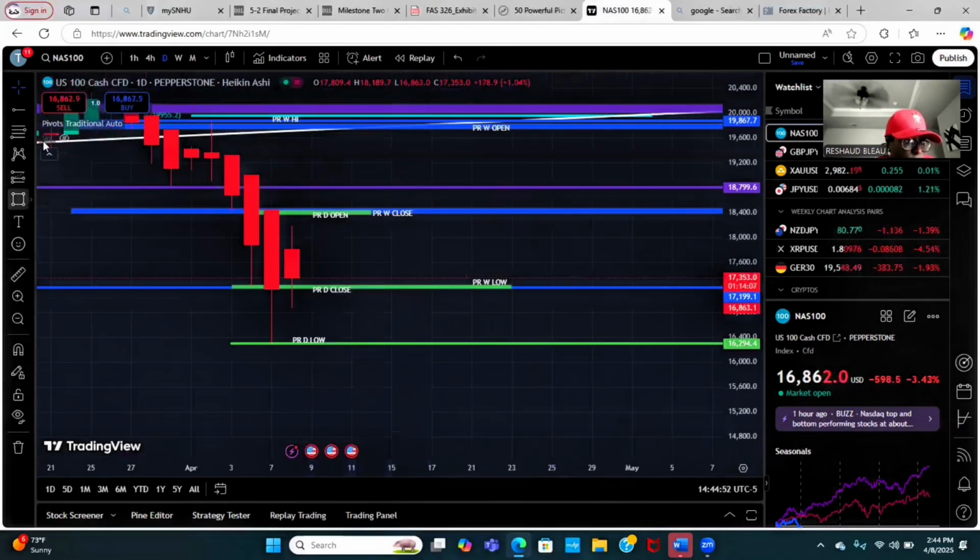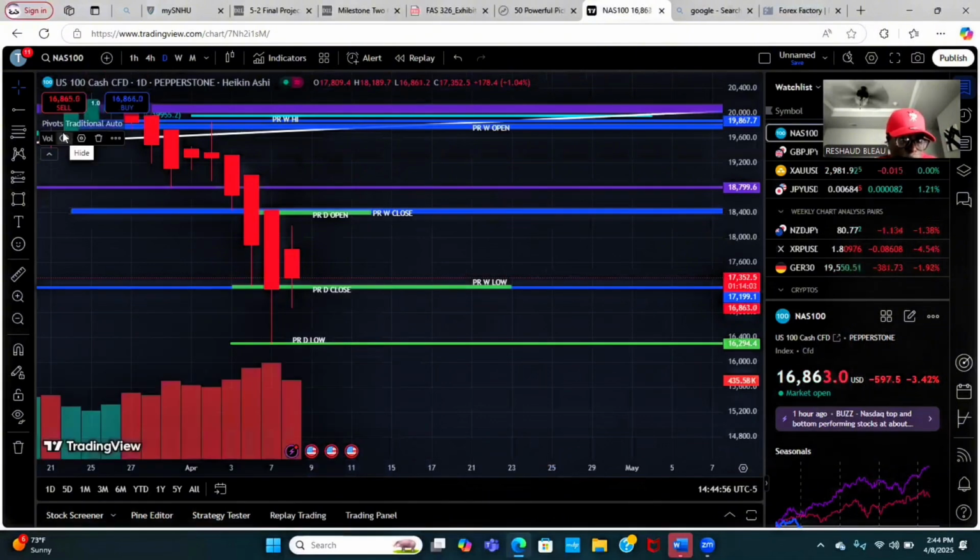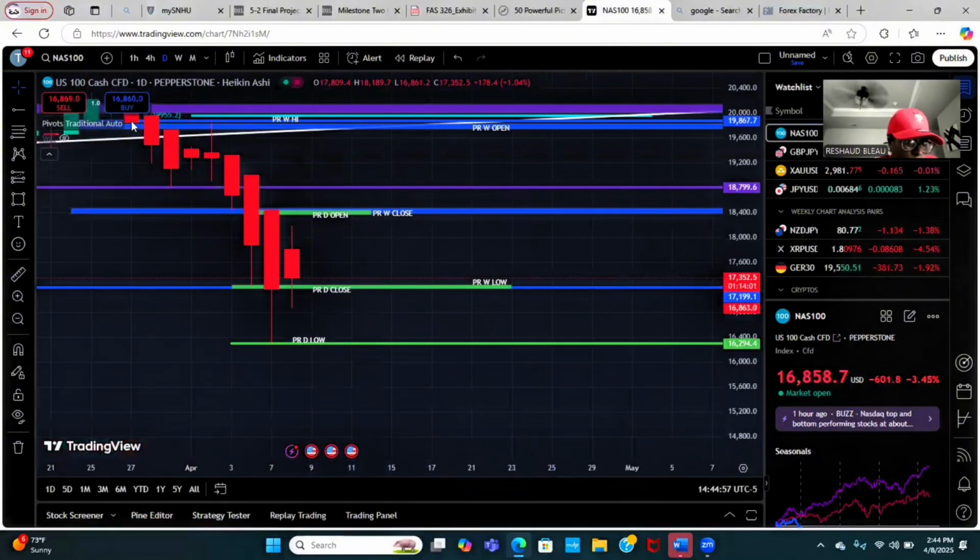Let me see, do I feel selling pressure? Yep. And we're below that pivot point. So, do I want to sell? Price is not below the previous daily low yet.